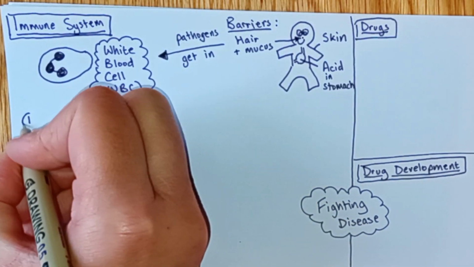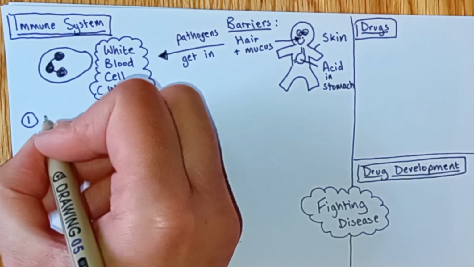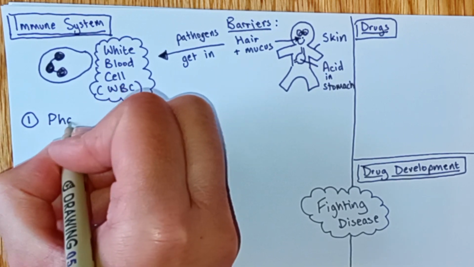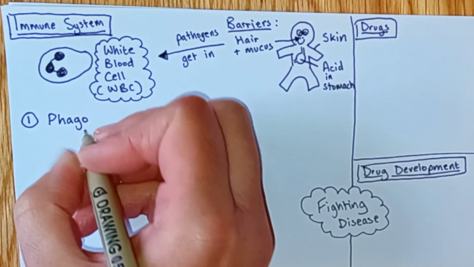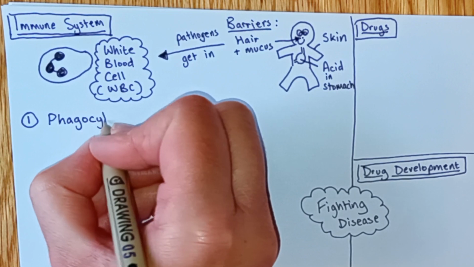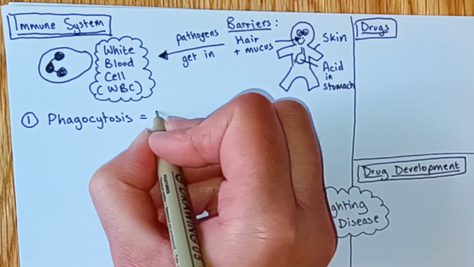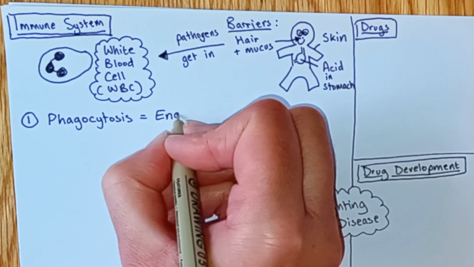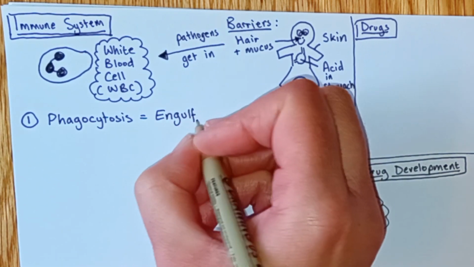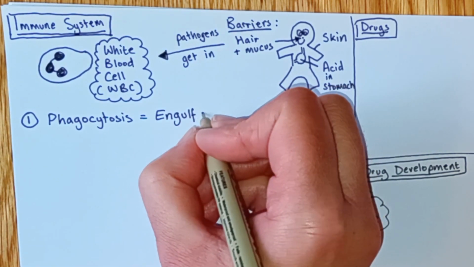The first job that some white blood cells can do is called phagocytosis. And it means to engulf and digest bacteria or pathogens.